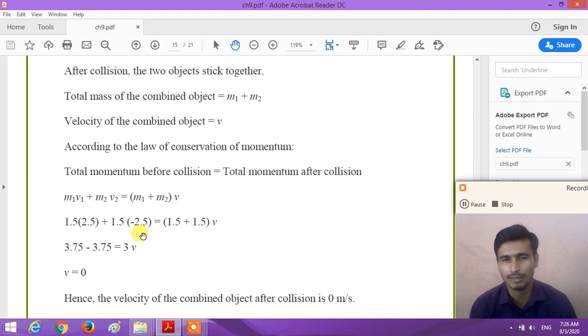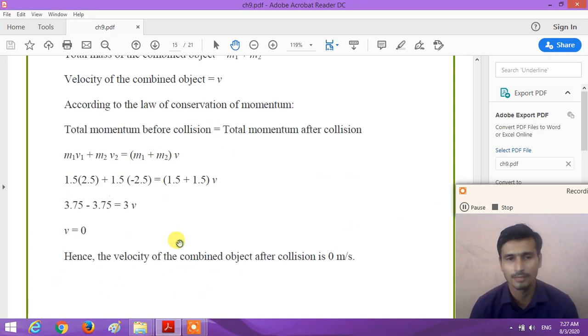If you calculate this, we get 3.75 minus 3.75 equal to 3v. So the velocity of the combined object v is 0 meter per second. After they stick, the combined object will be stationary.